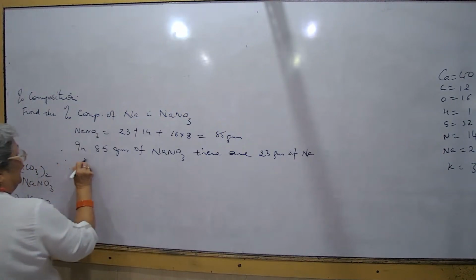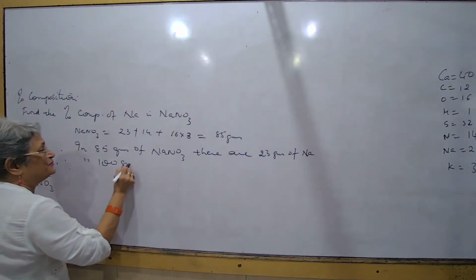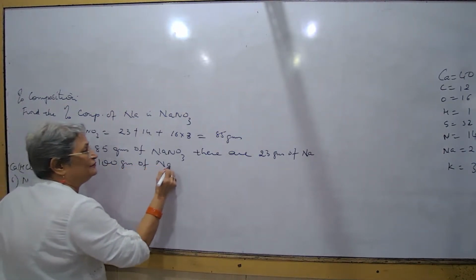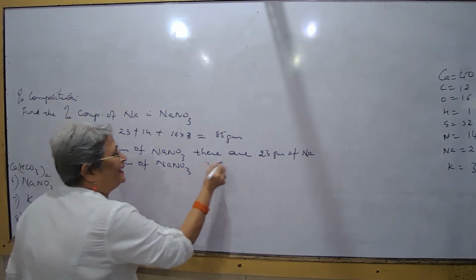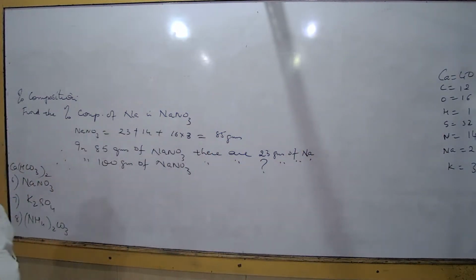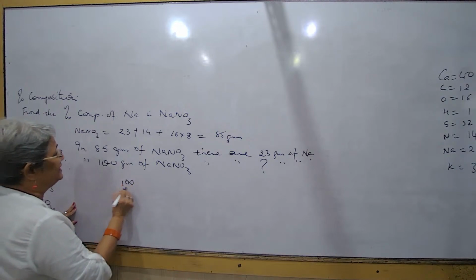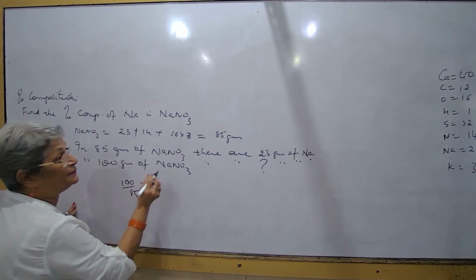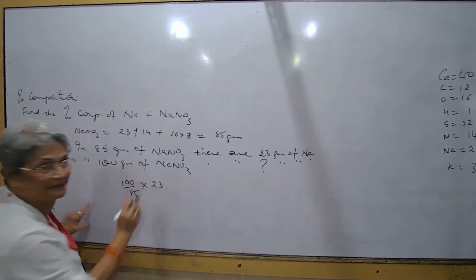Therefore, in 100 grams of sodium nitrate, there are how many grams of sodium? Why am I taking 100? Because it's percent. They ask you for percentage. So therefore it will always be 100 upon 85 multiplied by 23.